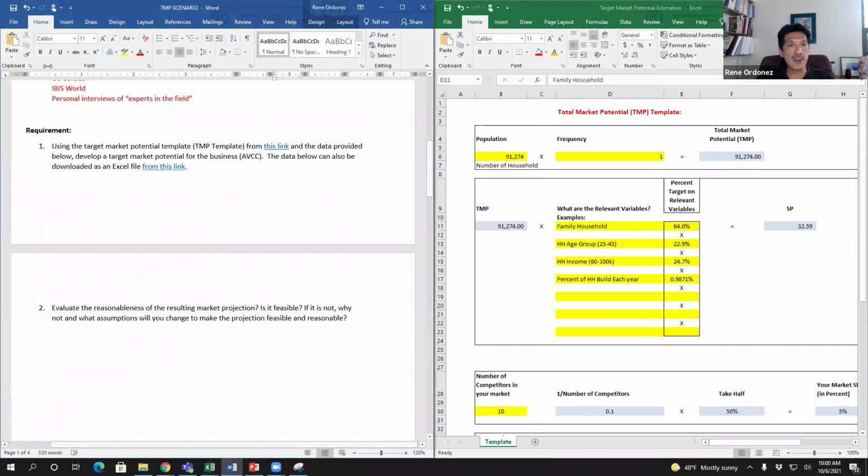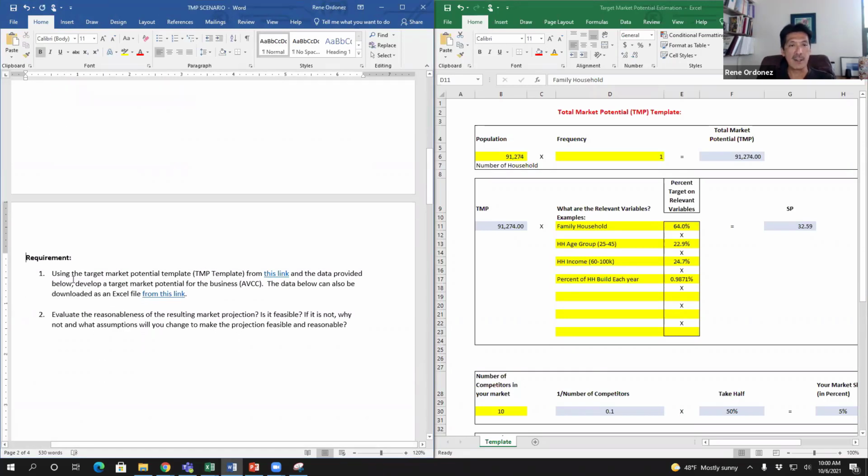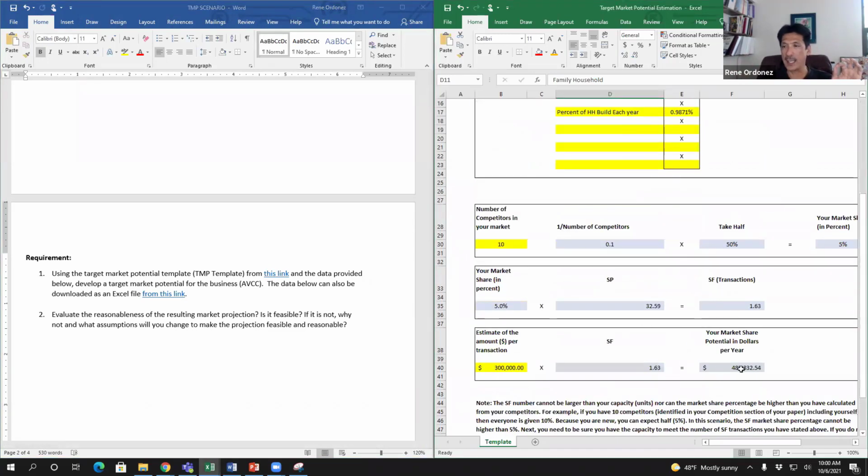Okay, so if you don't have questions, then I'd like to reiterate that there are 2 points here. The first one is you develop the target market potential, but you don't stop right here. You also have to go back and evaluate the resulting numbers for reasonableness.